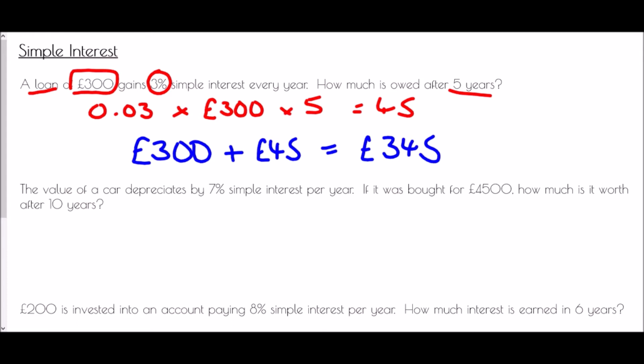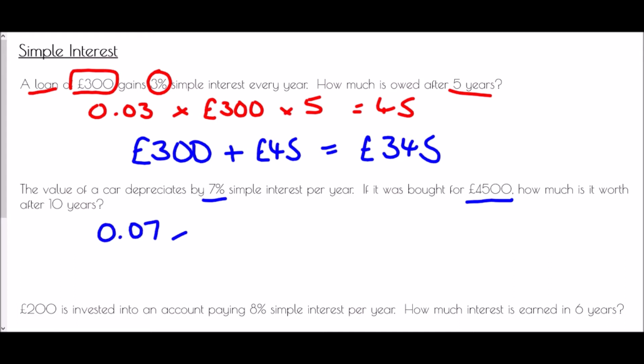The value of a car depreciates by 7% simple interest per year. If it was bought for £4,500, how much is it worth after 10 years? Well, in this case, the investment is the amount of money that we paid in. There's our percentage, so 7% is 0.07.